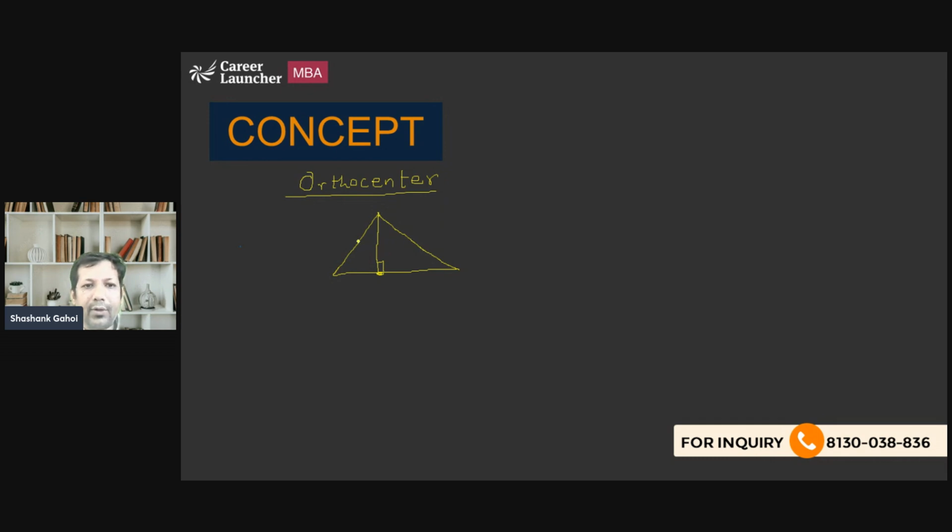Now, the second perpendicular. Now, the third perpendicular. And you see, this is an angle. If this angle is A, this is your orthocenter. The intersection of all three perpendiculars is called the orthocenter. If this angle is A, then the opposite angle is going to be the supplement of that angle, that is 180 minus A. Apart from that, orthocenter has no property.